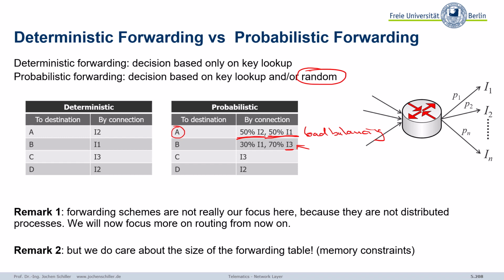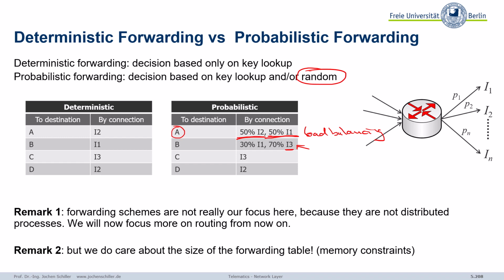So you can assign certain randomness to the decision of the forwarding. So you can do different things with forwarding. We will not focus here on forwarding anymore. They are not distributed, and we focus more on routing.